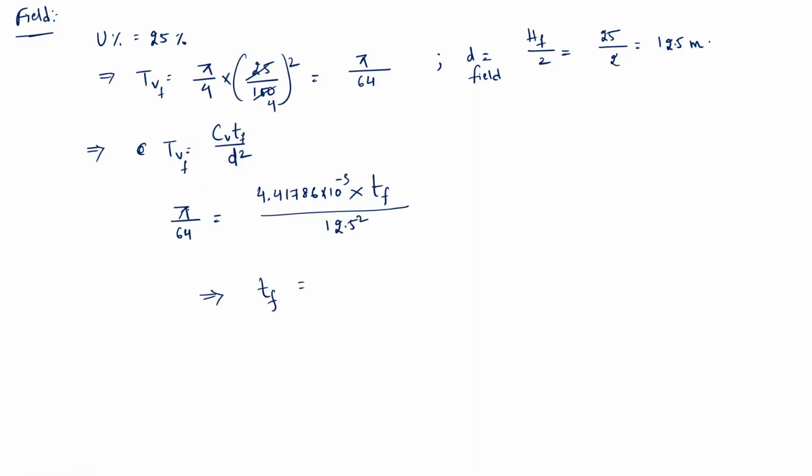If you substitute the TV field value, the CV value from the previous calculation, and the D from here, then t field will be 1736.11 days. Okay, so this is the answer. Thank you.